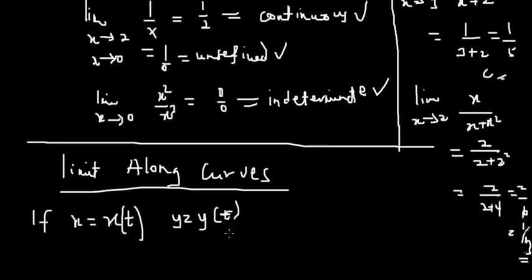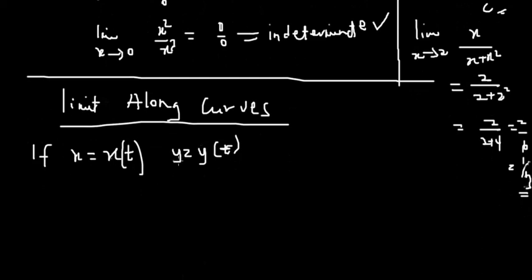So all you have to do is a simple change of subject, and after that you substitute into the limit, just like how we did simple substitution over here. Let's say you've been given a limit with x and y, with x going to a certain value and y going to another value, and the function of x and y.